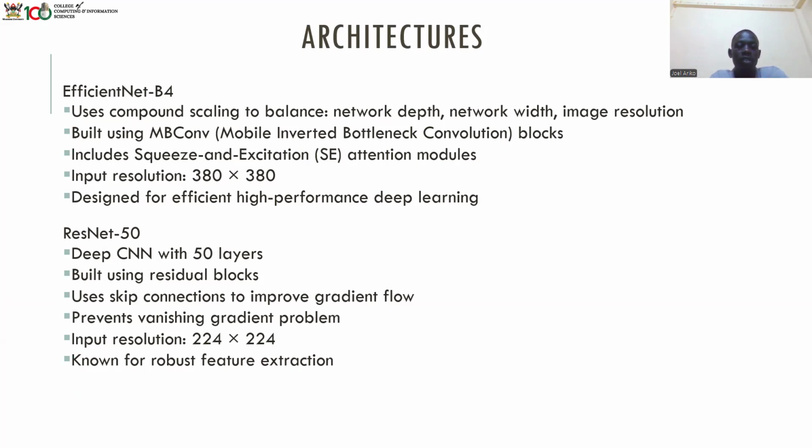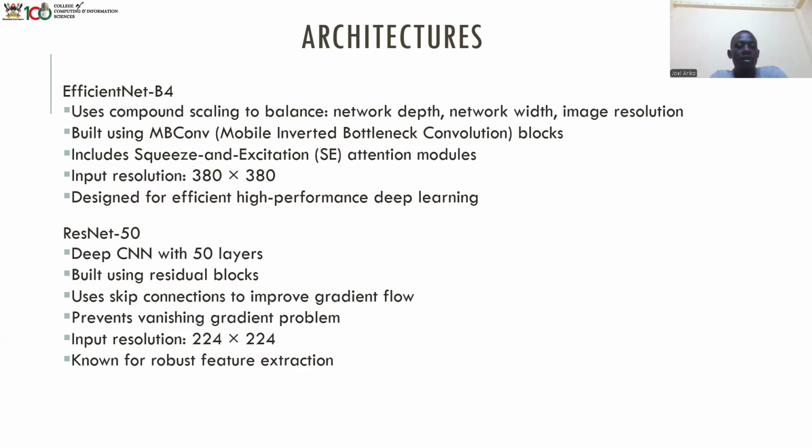All these are built under the MBConv, that is the mobile inverted bottleneck convolution blocks. There are multiple blocks following the hierarchy, where images pass through multiple blocks in order to form a fully layered network with the 4 classes classified. The resolution it takes is 380 by 380, and it is designed for efficient high performance deep learning.